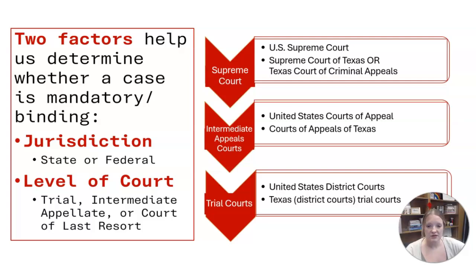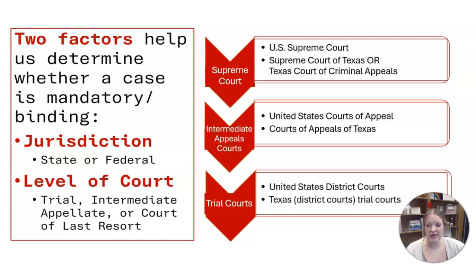Okay? So in terms of the structure at the federal and state level, our Supreme Court at the federal level is the U.S. Supreme Court, right? Texas is different in that we have 2 courts of last resort. One is the Supreme Court of Texas, and the other is the Texas Court of Criminal Appeals, dealing with criminal issues.